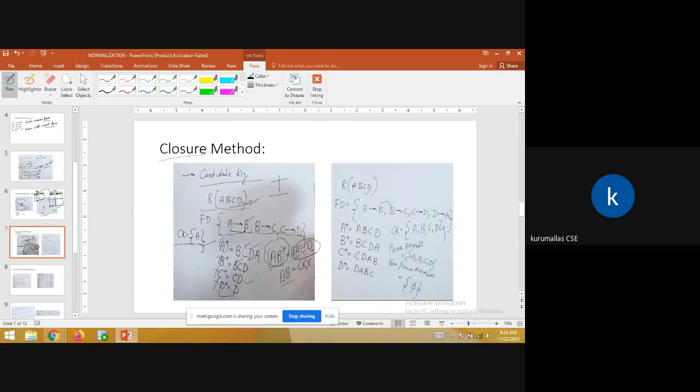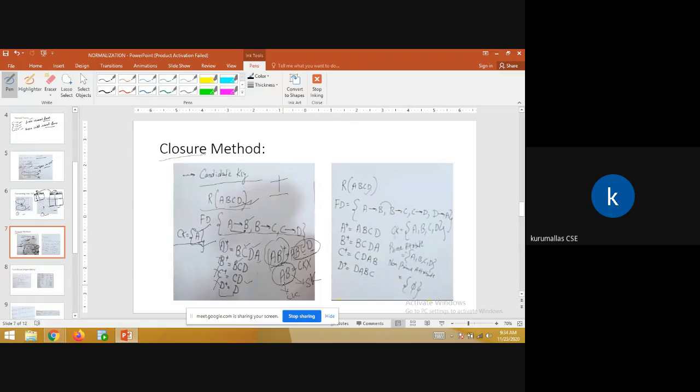But we found that a is a candidate key, and according to the candidate key principle, it is the minimal set. So overall AB is a super key, and from this table we have to find the minimal attribute, that is a.